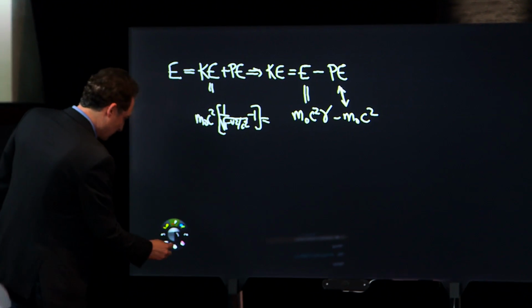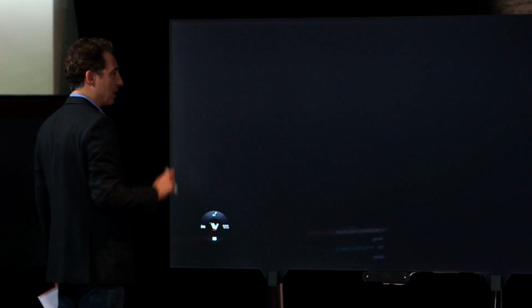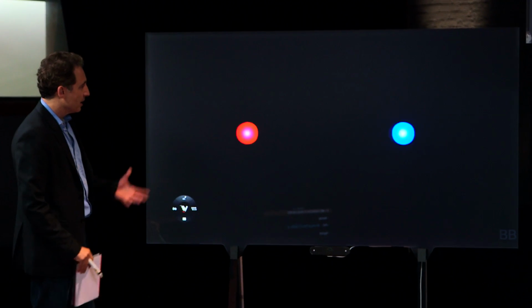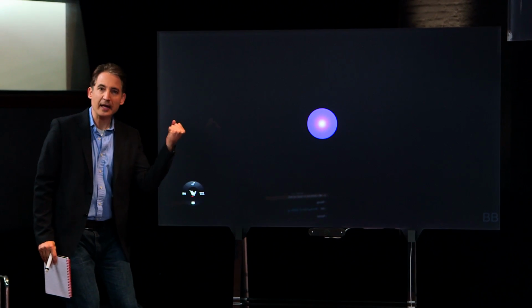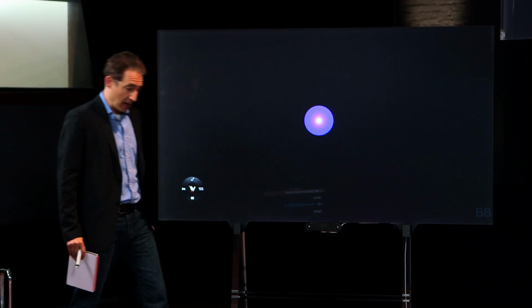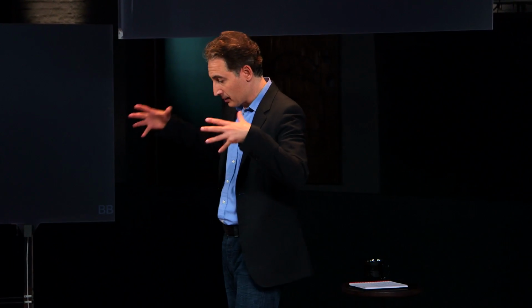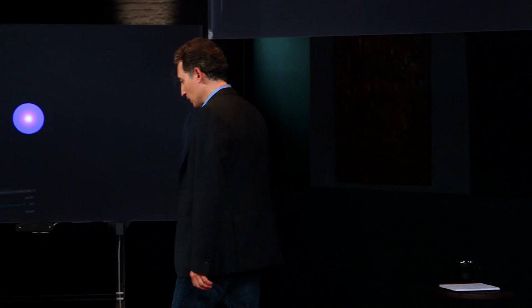The kind of collision that I have in mind involves two particles coming together, slamming together, and sticking, creating one particle whose mass is going to be bigger than the mass of the particles that come in.